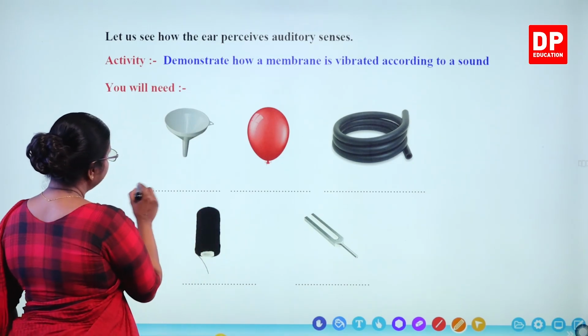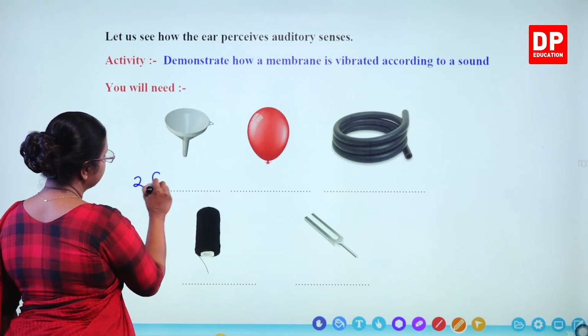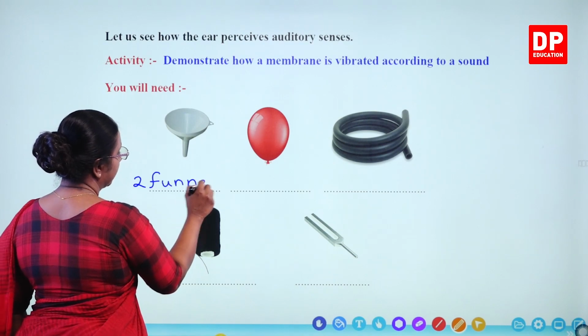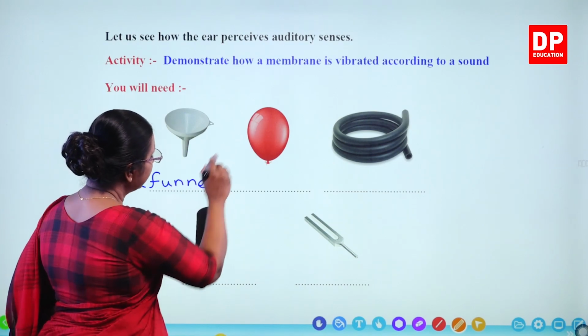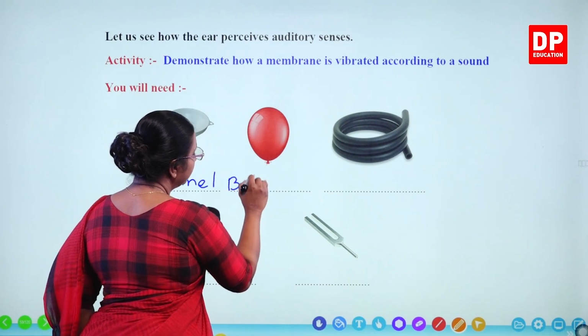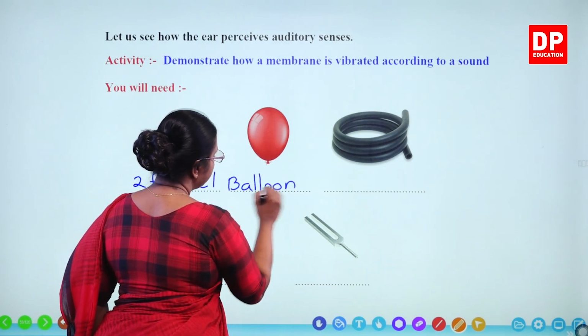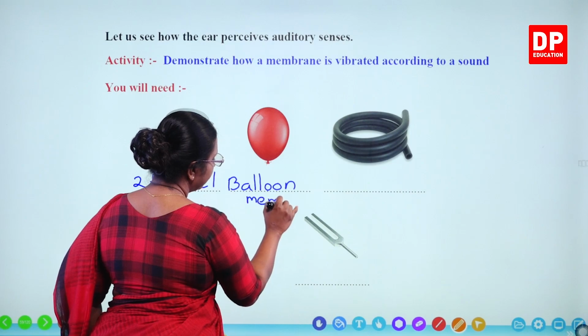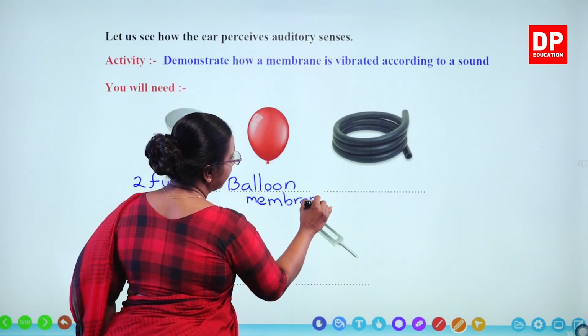So to do that, we need two funnels, plastic funnels as you can see. Then we need a balloon membrane or the balloon sheath, we can say balloon membrane.